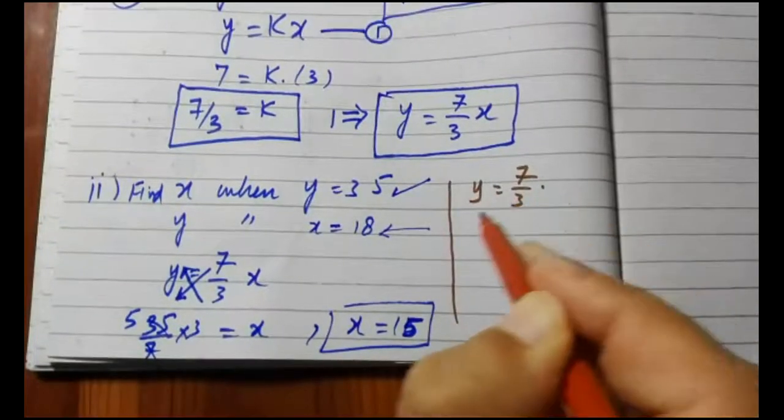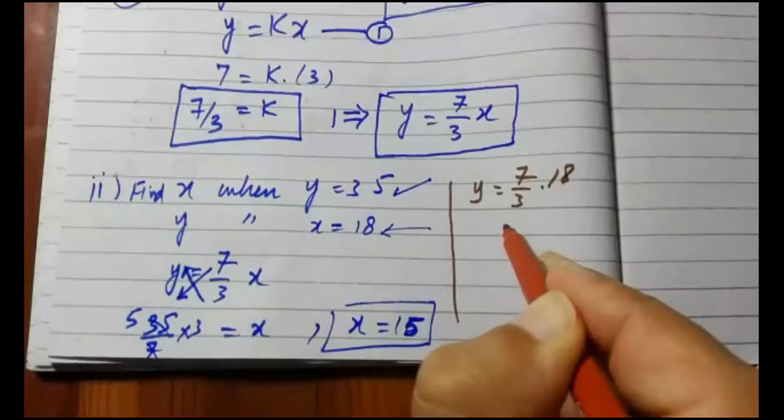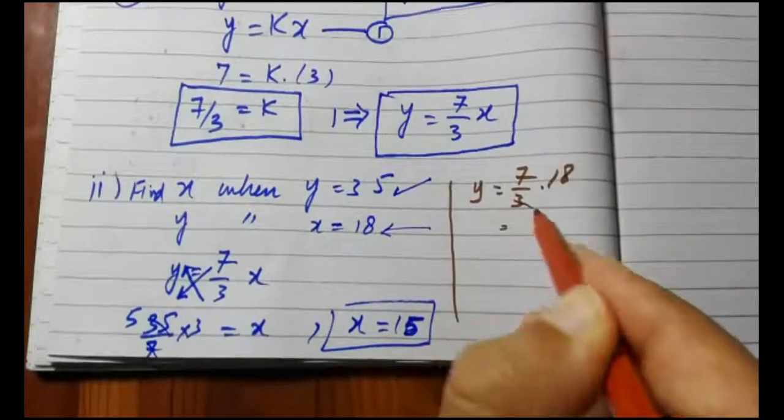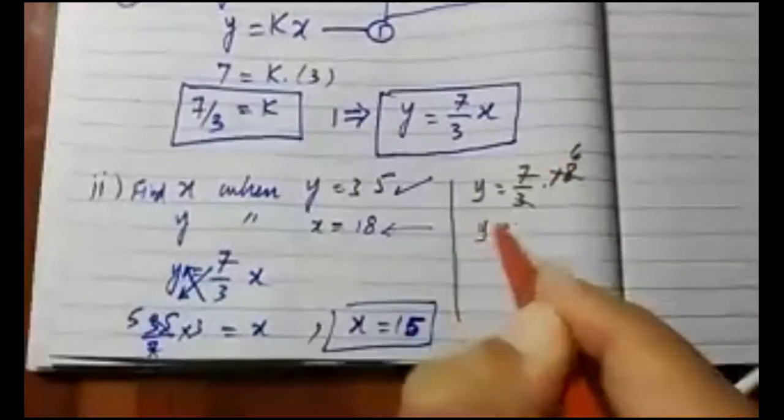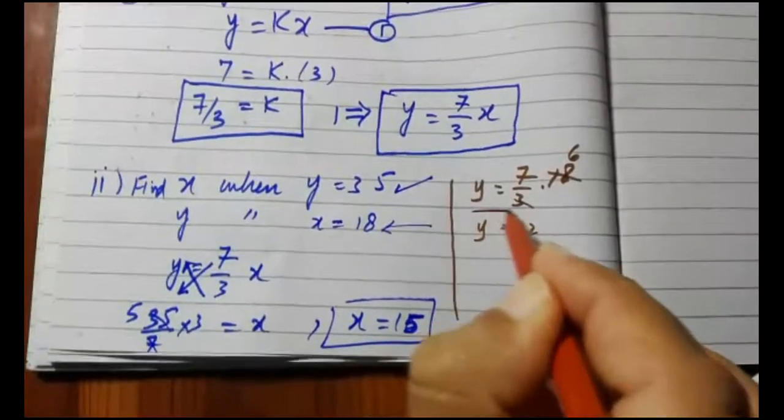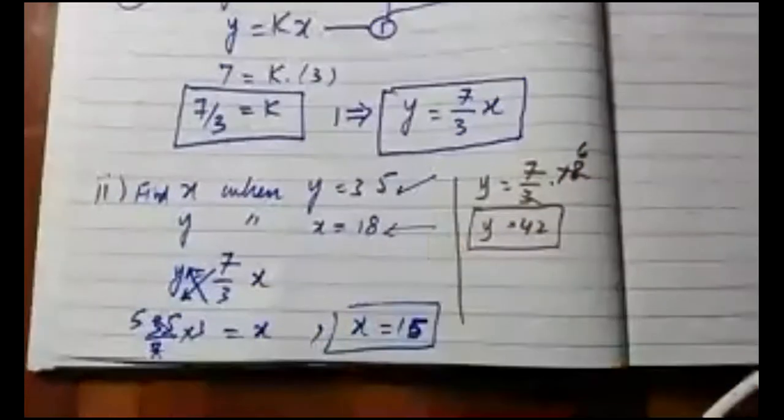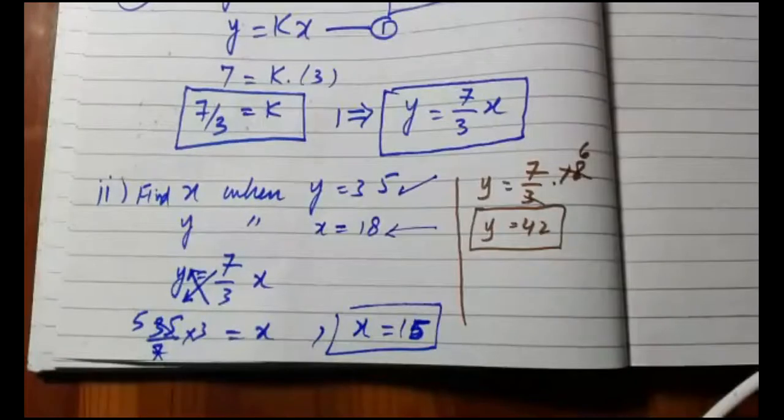You will go for the cancellation. 3 and 18 will cancel, so y will become equal to 42. So this is the value of y, that is equal to 42. These are question number 2 and its parts.